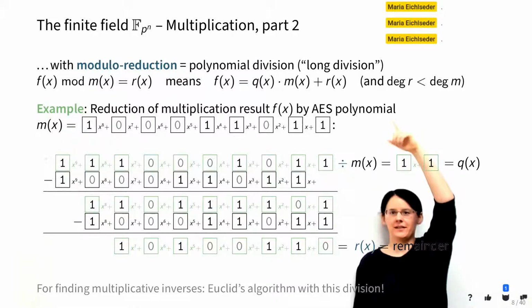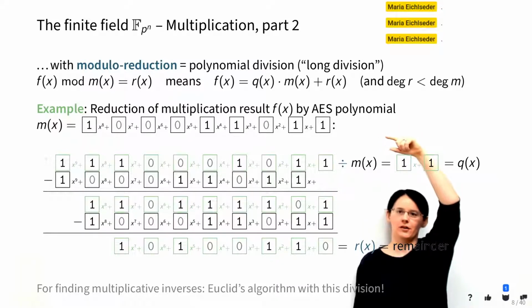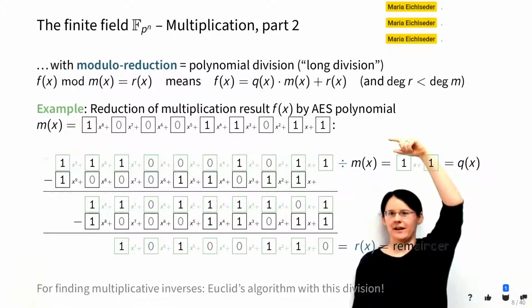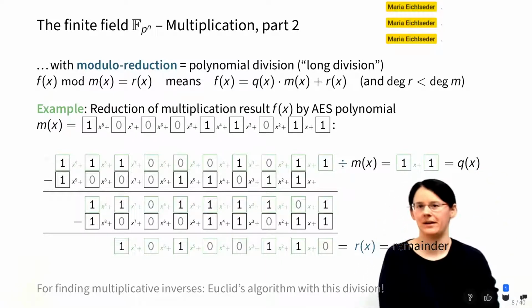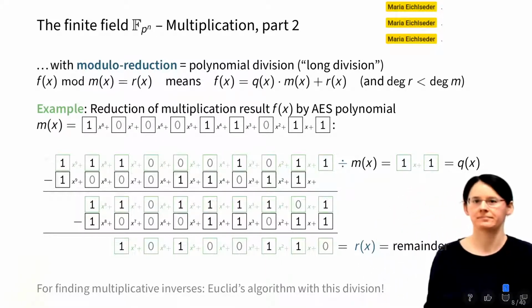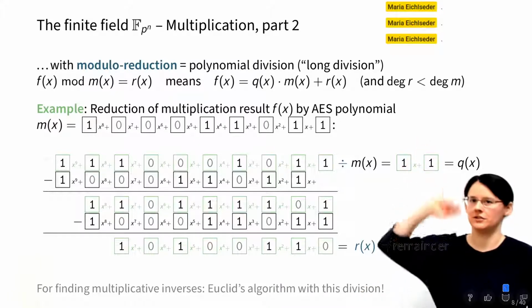So for example, the AES polynomial is a polynomial of degree 8, which means it defines a particular finite field of 2 to the power of 8 elements. And computations in this structure happen in the AES in several places. I'll get to that in a moment. In the meantime, let me mention one more application where we need this division.